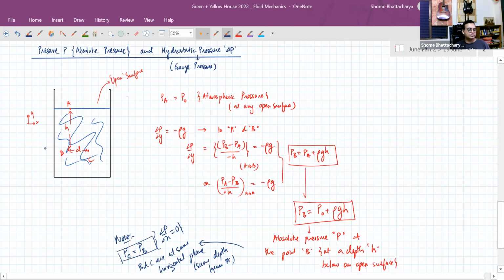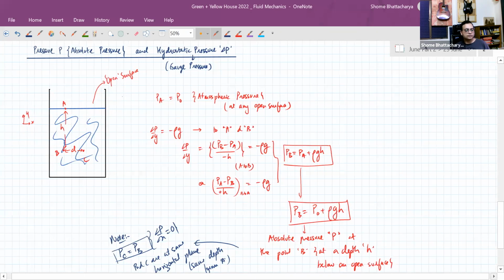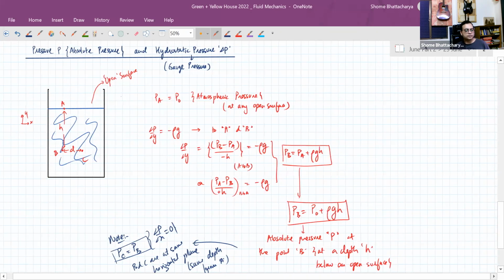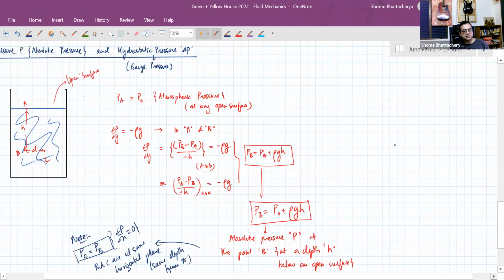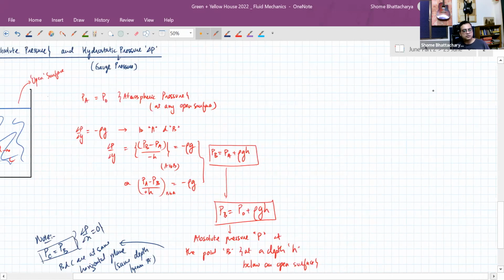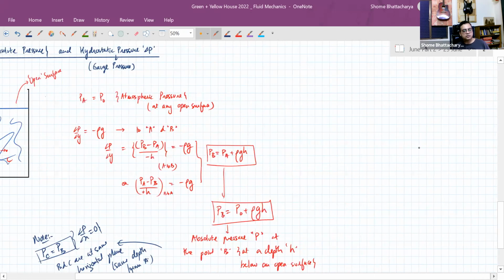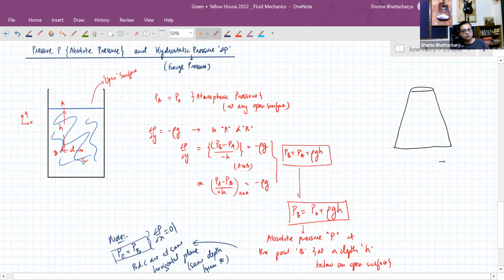Now this principle that we have developed applies to any situation regardless of the shape of a container. So even if we have a situation like this, which I'm drawing on the side, a container of some odd kind of shape, our container can be like this, for example, or we could even have a tube which we have bent in an odd kind of way and just attached to the ground.